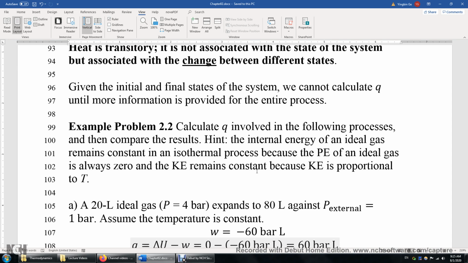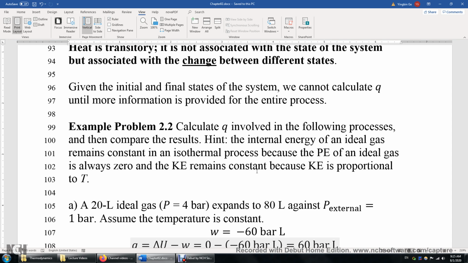Lower temperature, lower kinetic energy. What if the temperature remains unchanged? Well, very simple. That means the internal energy of the ideal gas remains unchanged. Therefore, the change of the internal energy is zero for an ideal gas that undergoes an isothermal process.